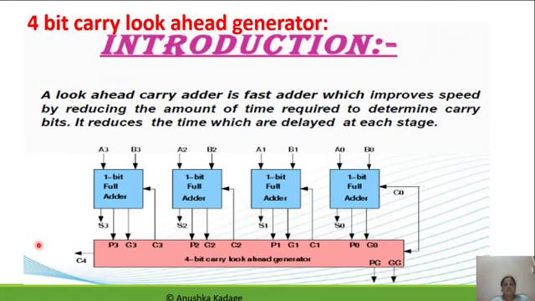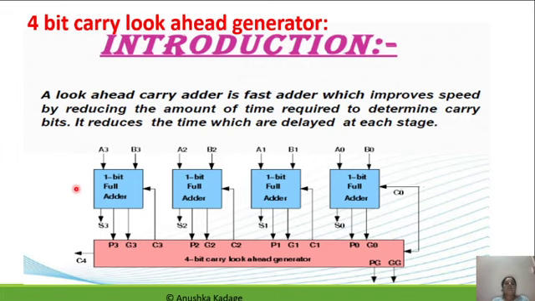So let's go to the next concept, the 4-bit carry look ahead generator. This carry look ahead generator is one of the blocks of the 4-bit parallel adder where the delay caused by the propagation of carry is going to be eliminated.